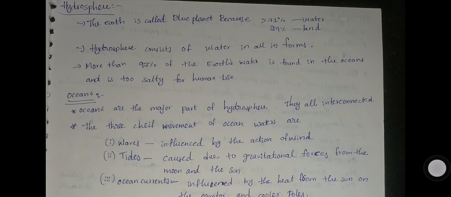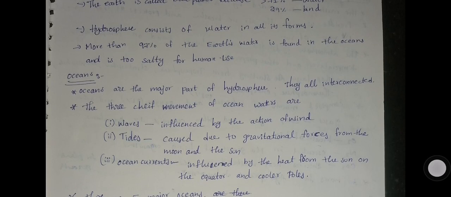If you see that water, more than 97% of the earth's water is found in the oceans only. That is too salty and not available for human usage.